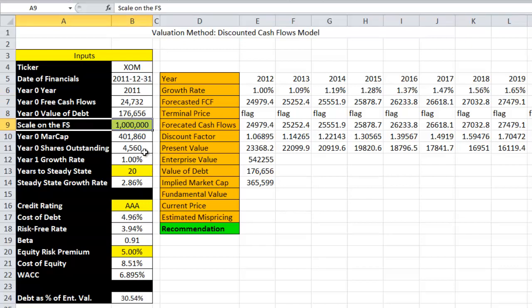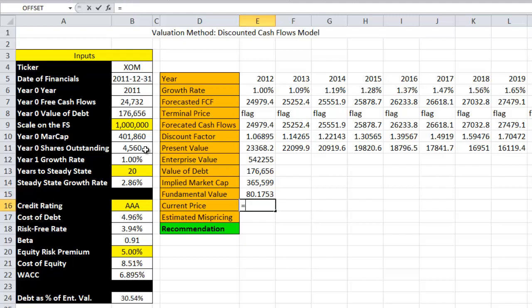That's why I have this input variable right here, scale on the financial statement. Similarly, shares outstanding is scaled. That's in millions, so there are actually 4.56 billion shares outstanding. So all we have to do is take the implied market cap, divide it by the shares outstanding, and that gets us the $80.17 from our model.